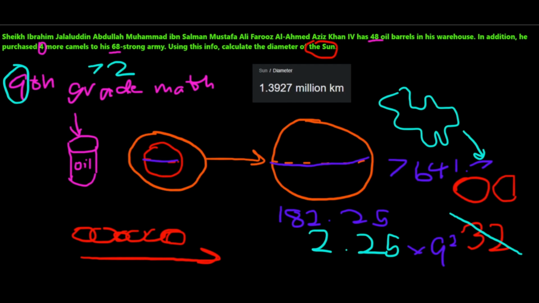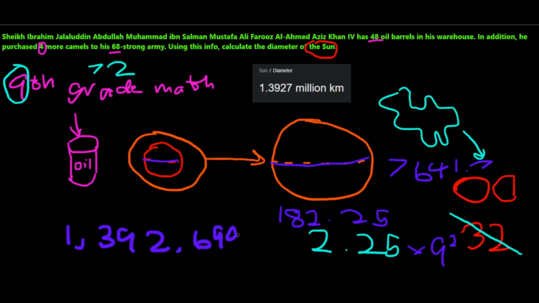So hold on, let me just erase this. There we go. We get 1,392,699, which can just be rounded to 1,392,700. I hope this solved your problems.